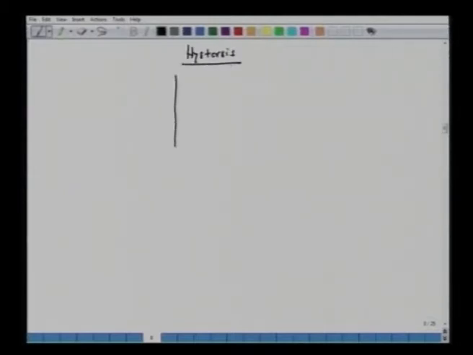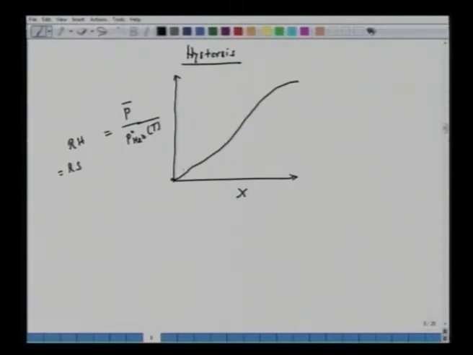So what we are saying is, if we plot X, what we did earlier, versus the partial pressure over the partial pressure of pure water, which is nothing but relative humidity, nothing but relative saturation, then for the drying, if you saw this earlier curve, it's like this. Of course it will stop when you reach the equilibrium concentration Xc, given this quality of P bar over P0 of H2O in air.